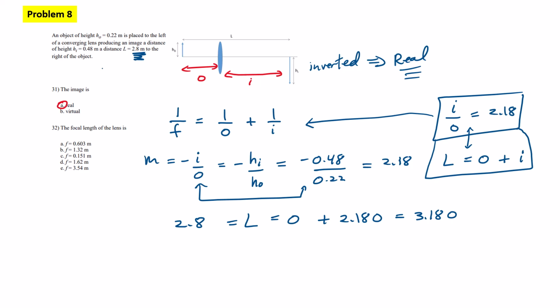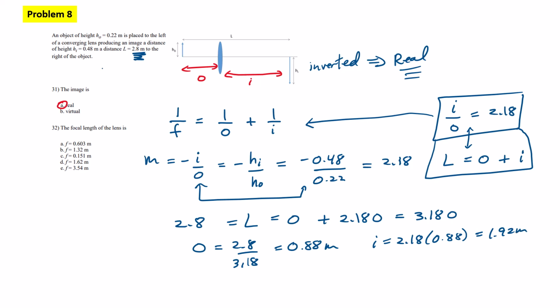Okay, so we should get O is equal to 2.8 over 3.18. That gives me a value of 0.88. That should be in meters. And what else? Now the I value I can get, because I is simply 2.18 multiplied by 0.88. That gives me a value of 1.92 meters.